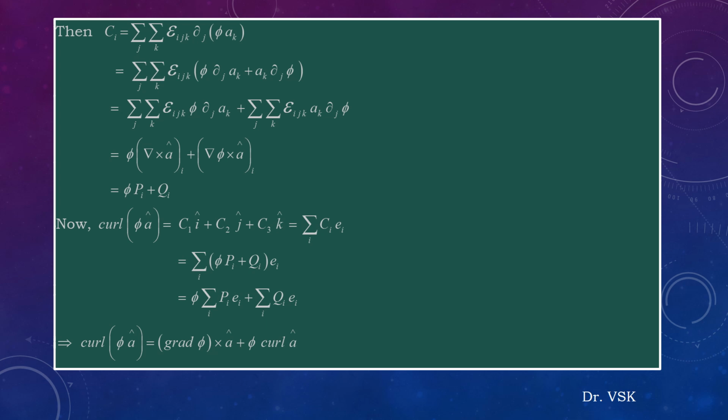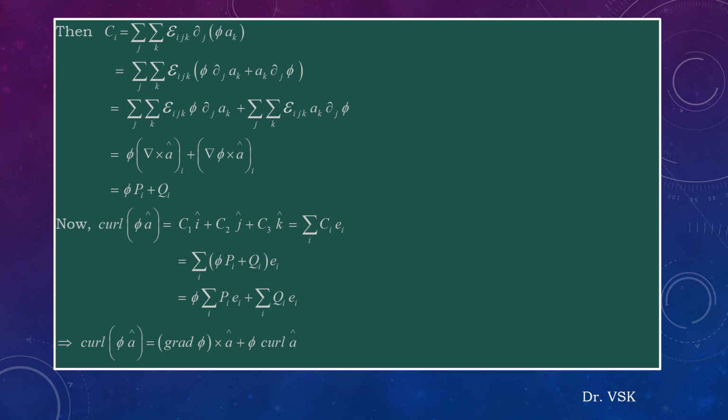But we have to remember that this is just the ith component. Coming to the first part again, after taking out phi, we get phi times sigma over j, sigma over k, epsilon suffix ijk dou j ak. This representation is the representation of curl a cap, but we have to remember that this is only the ith component.